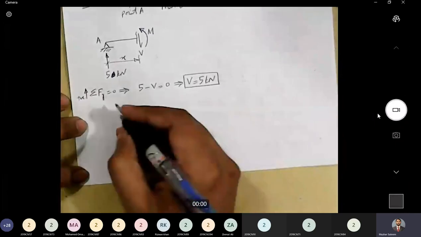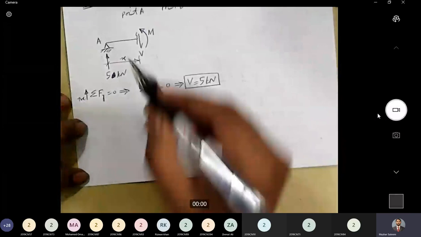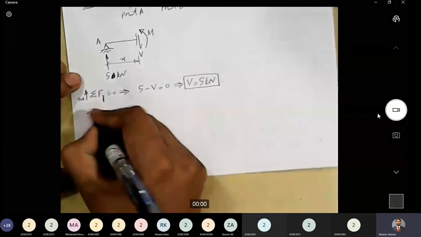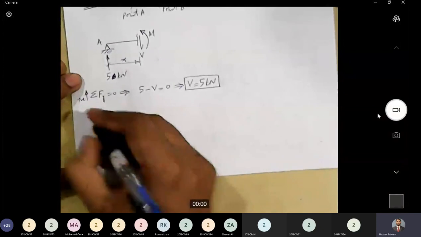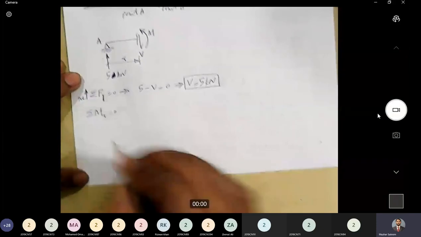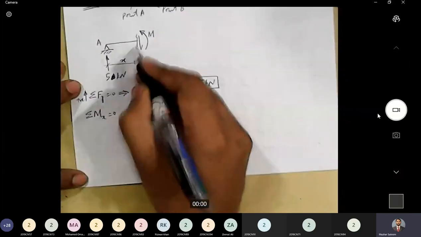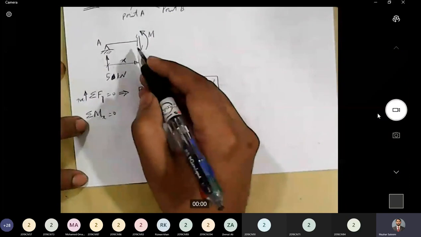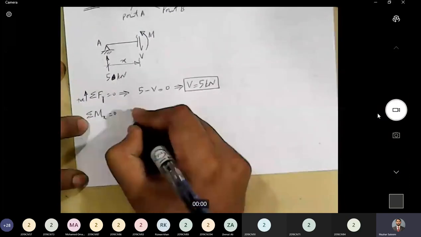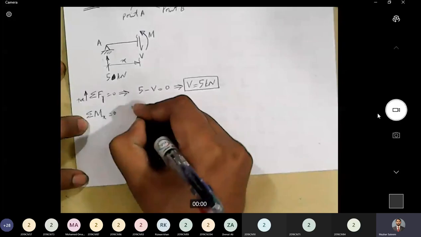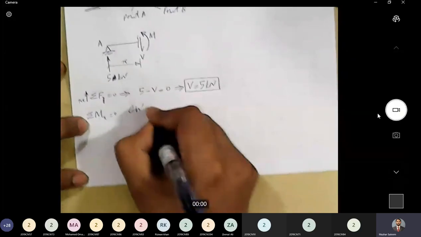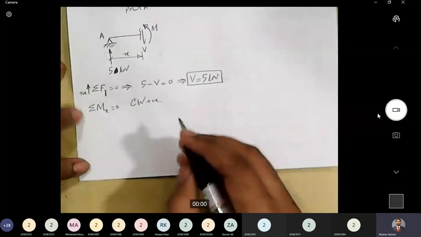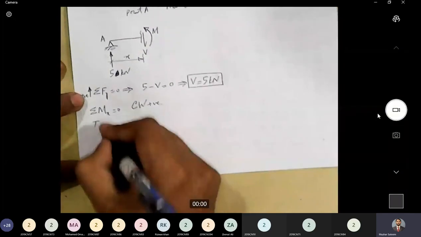Now we will take the summation of moment about the section. Sigma M x equal to 0. So at x distance, means at the location of section, we are taking the summation of moment. And what is our convention? Our convention is that we will take clockwise as positive.